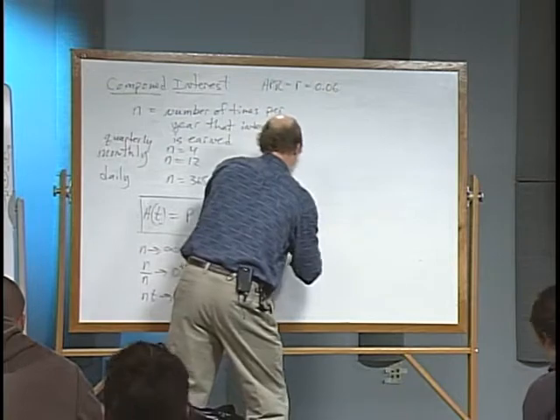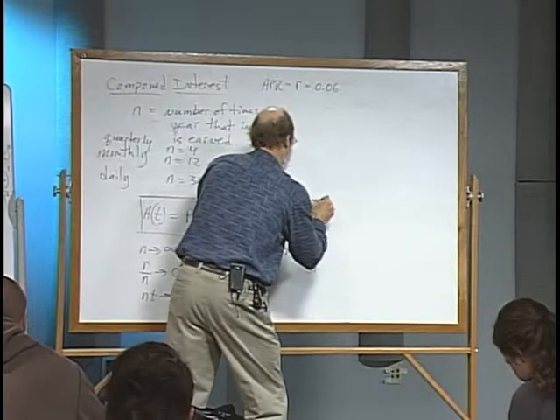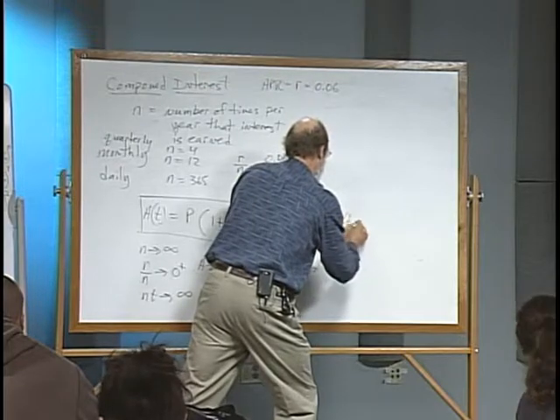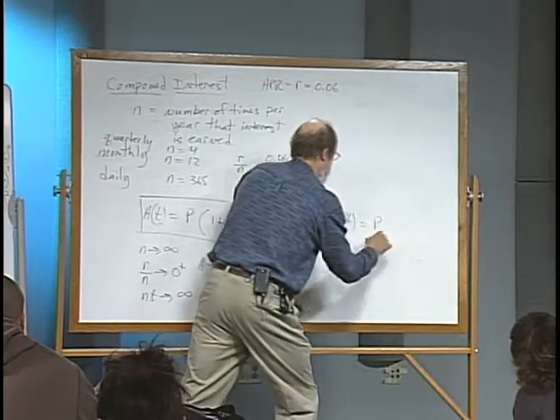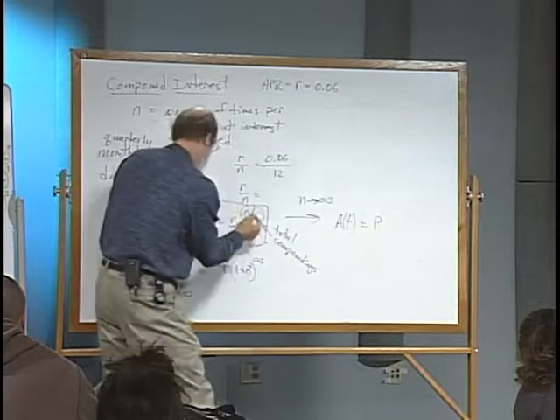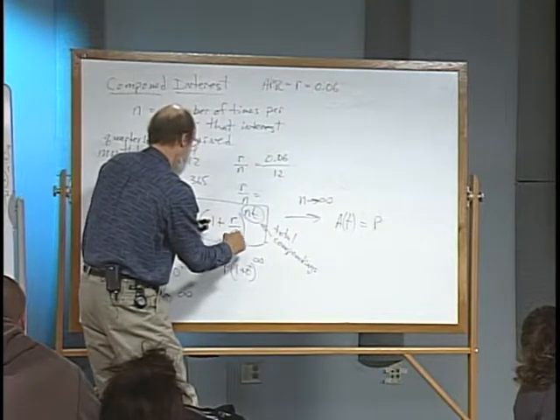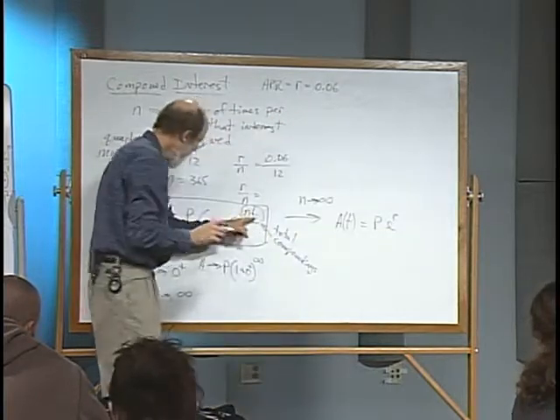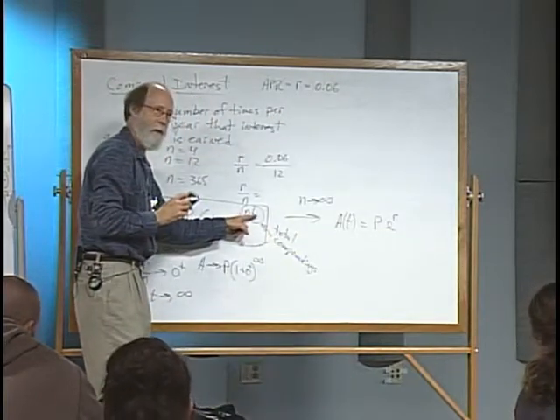So what happens then, if n becomes infinite, then the model, the future value, becomes the initial investment, and then the whole thing here, including the r over n raised to the n, becomes e to the r, and that t, the number of years, is still up there.